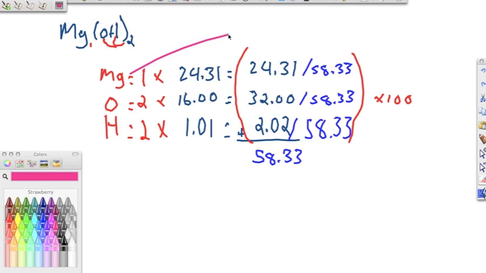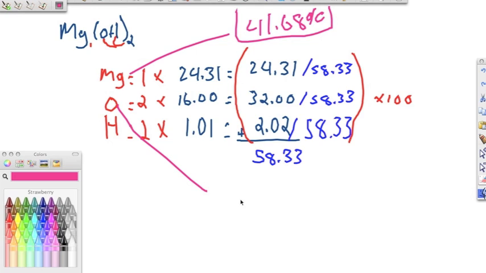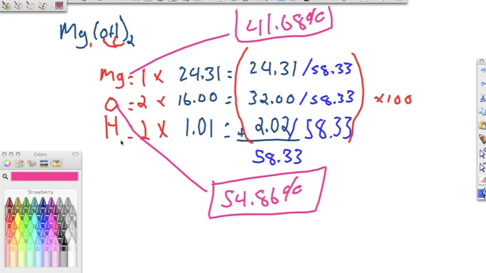Magnesium should have a percentage of 41.68%. Oxygen should have a percent of 54.86%. And we should see that hydrogen has a percentage of 3.46%.